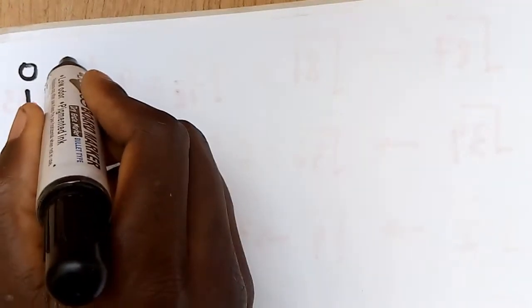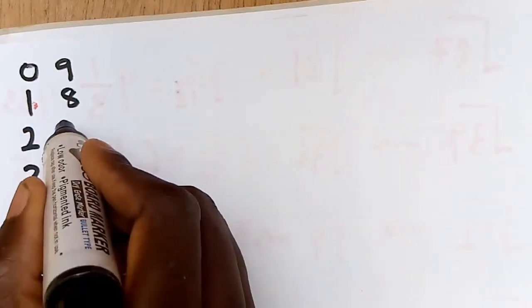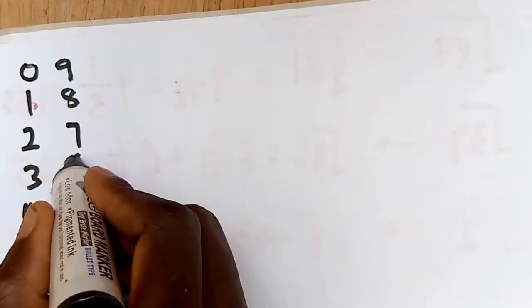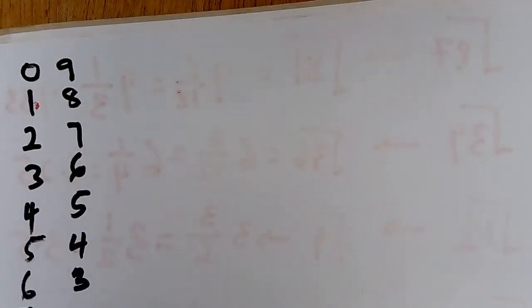So let's write 9 close to the 0, 8 close to the 1, and 7 here. We start from 9 and reduce the numbers down to 0. So this becomes 6, this 5, 4, 3, 2, 1, and this becomes 0.